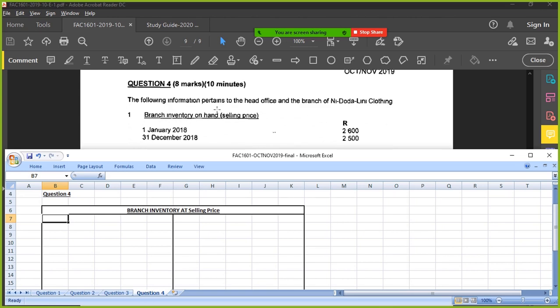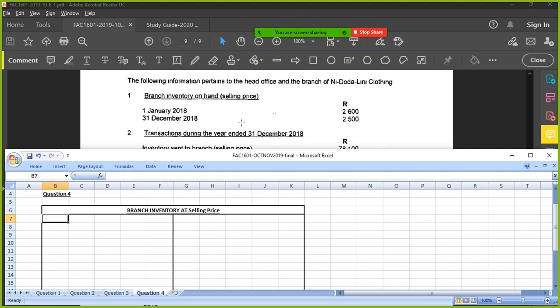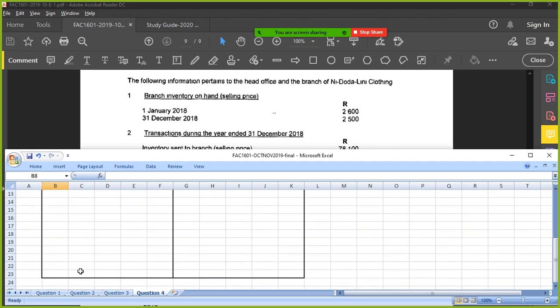The following information pertains to the head office and the branch of this clothing store. The branch inventory on hand: January is the start, and the balance will be at the end.